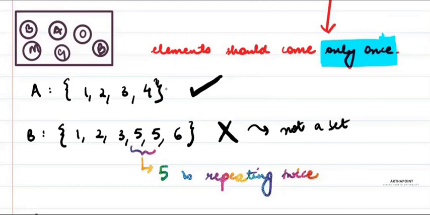Each element should come only once in the set, whatever be its frequency. Even if I say I have 5 kgs of apple right here, I am just going to represent it by 1 in the set, that I have apple, I have mango, I have bananas, etc. So I am never ever going to represent the same element twice in my set.